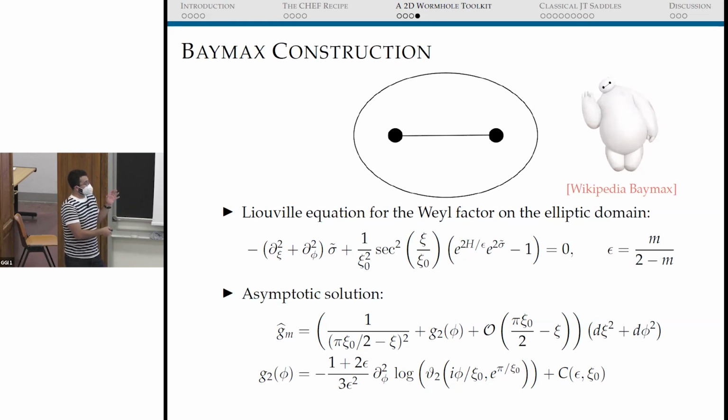So this is a rather explicit solution of the asymptotic form of the metric in these geometries with defects. And this is going to be very useful in the next talk, A Tale of Two Saddles for JT gravity, where we can evaluate things numerically using this metric.